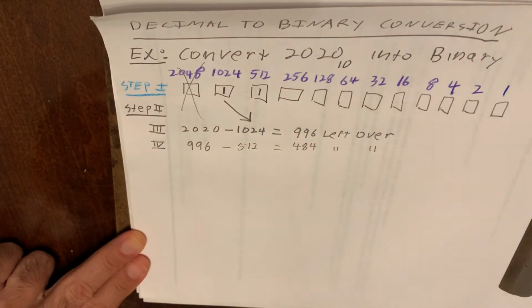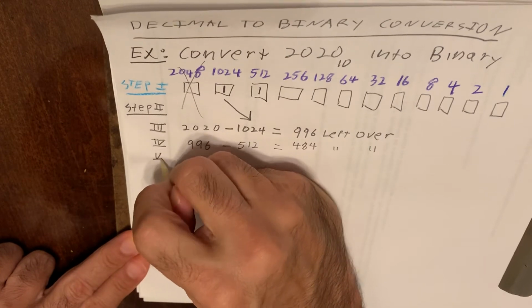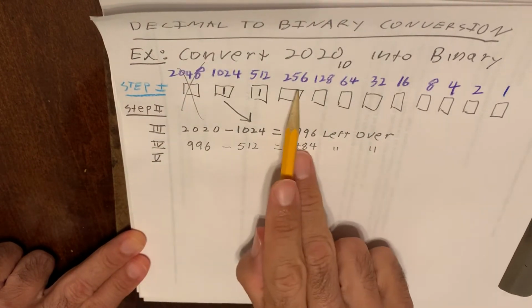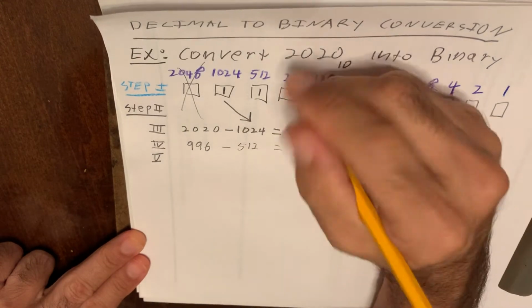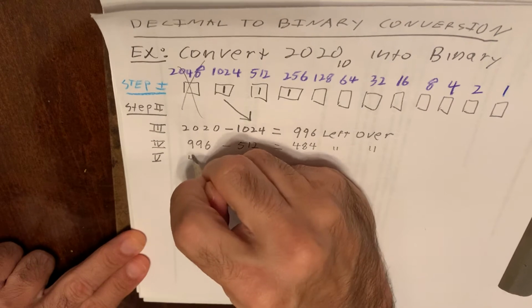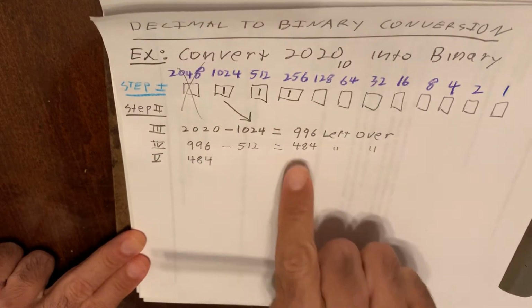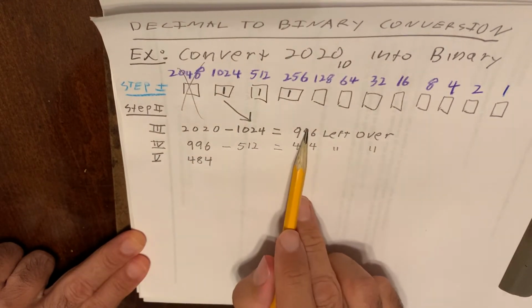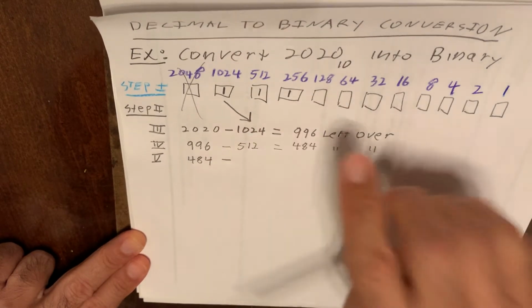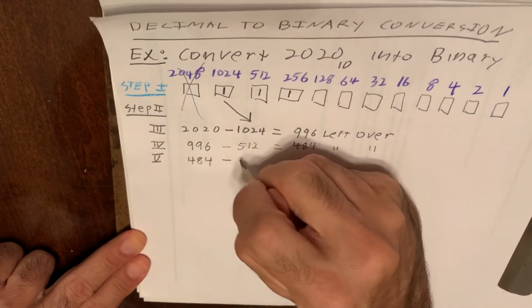And so now step 5, we'll again find the largest digit that we can use. So that's 256. So we'll take our 484, right? See the pattern here, 996, 484, and subtract the 256.